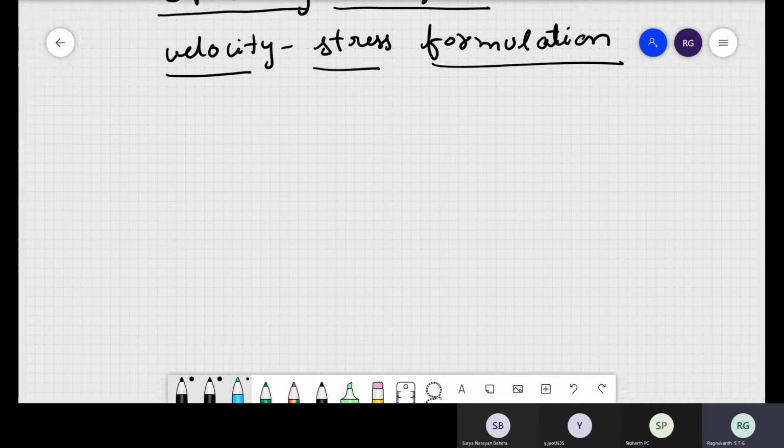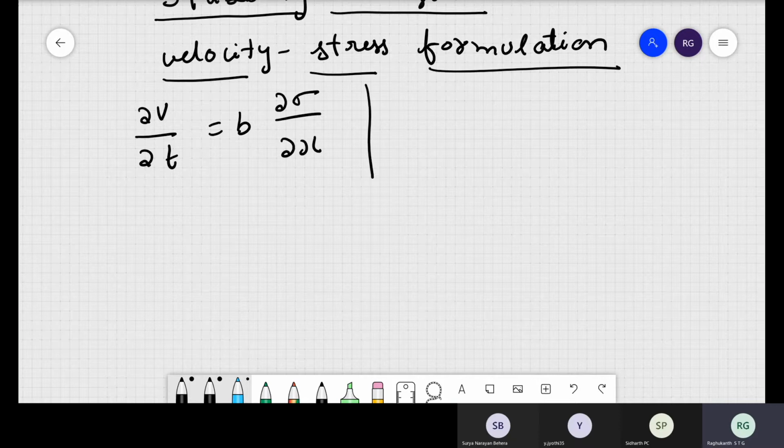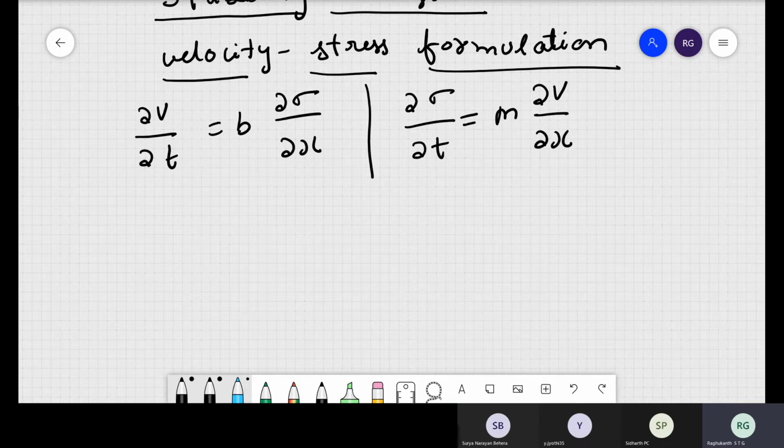So our equations are, dou v by dou t is equal to b dou sigma by dou x, and dou sigma by dou t is equal to m into dou v by dou x. Now let us check the stability of this velocity stress formulation.